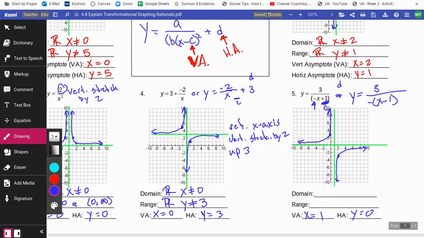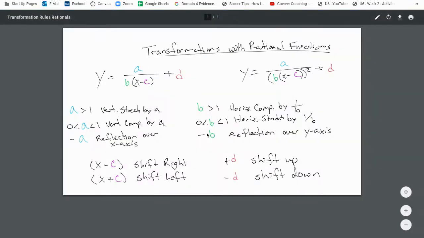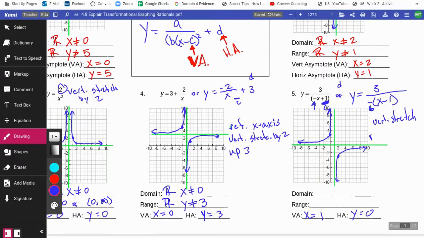Okay, we need to talk about transformations here. I'm going to use this one over here. The A value is 3, so that tells me vertical stretch. Right? The B value right here is negative. So now when the B value is negative, it's a reflection over the y-axis.